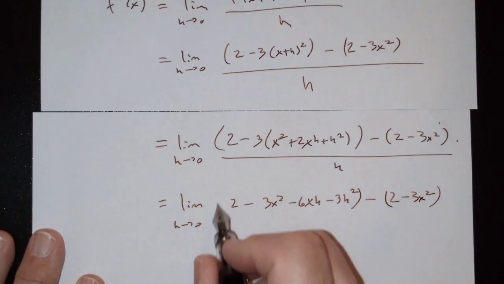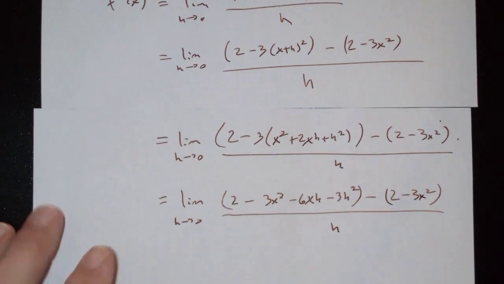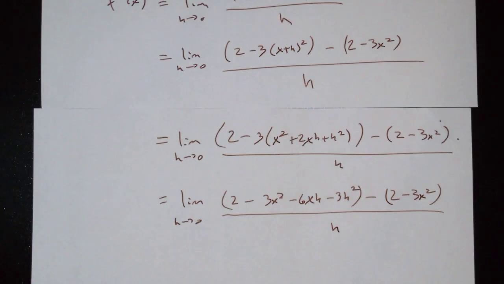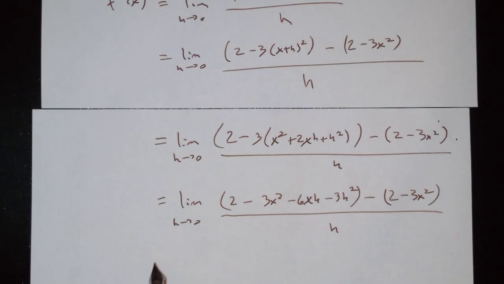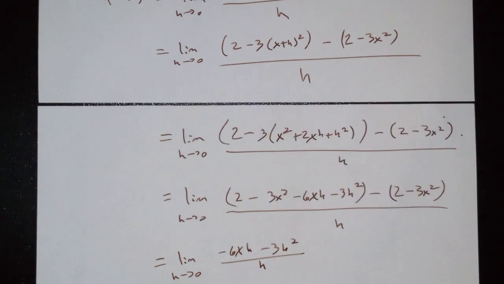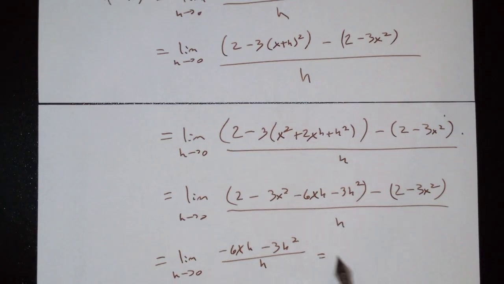Don't forget all of the parentheses that are involved there, over h. And then I see some lovely canceling. My 2's cancel, my 3x squareds cancel. These two pieces in the top survive: minus 6xh minus 3h squared. But that's all over h, so I can cancel the h on the bottom with one of the h's in each piece on the top.